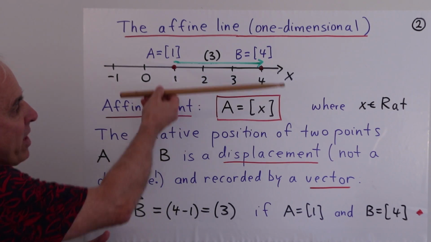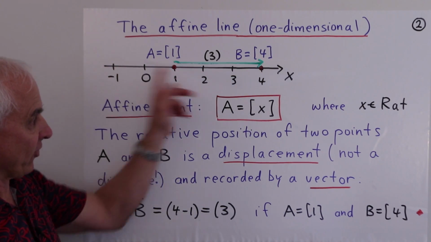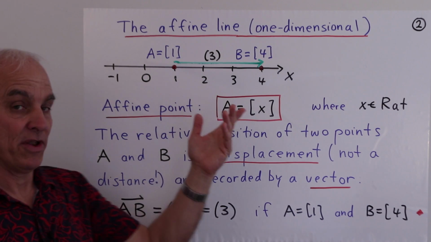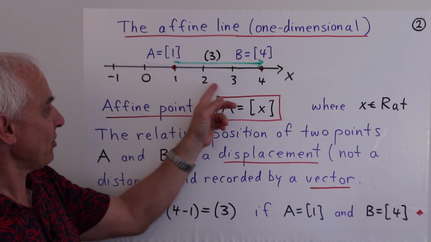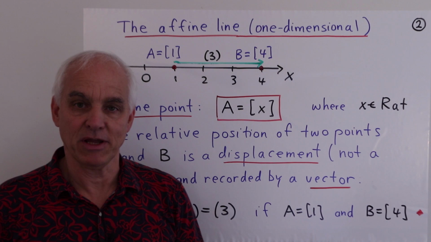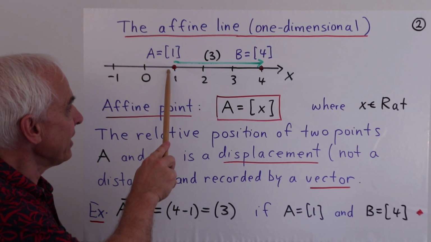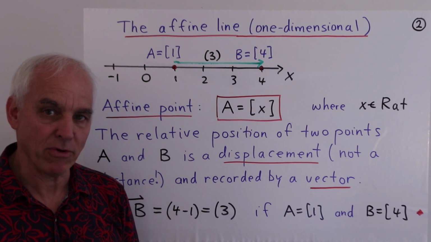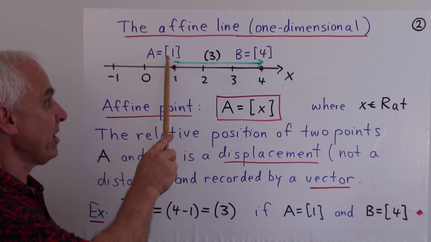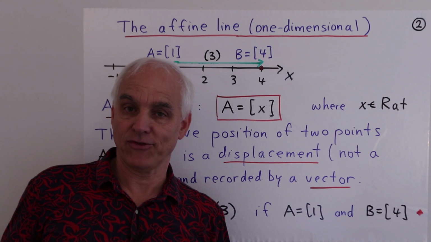Okay, so the one-dimensional line is just a single line, maybe called the number line, 0, 1, 2, 3, 4. Maybe we'll call it x, just to be consistent with what we had before. Now, in this kind of case, a point is represented not by a pair of numbers, of course, but rather by a single number, but still enclosed in square brackets.